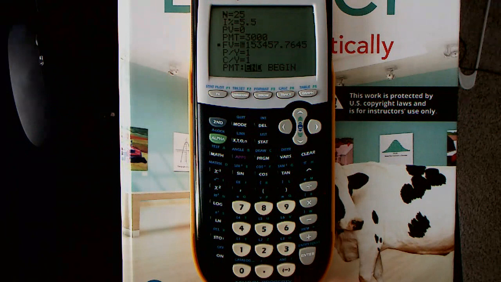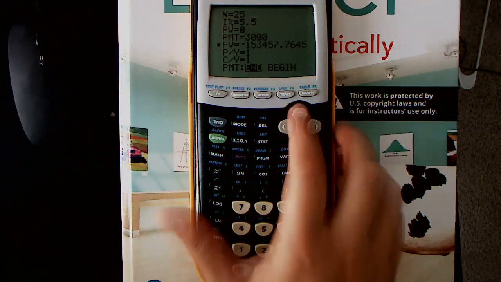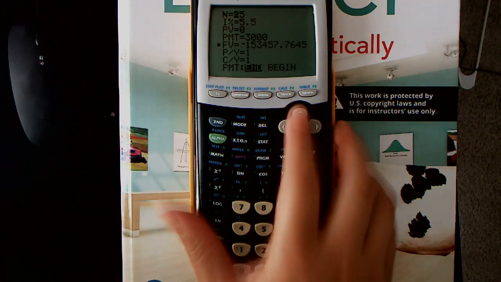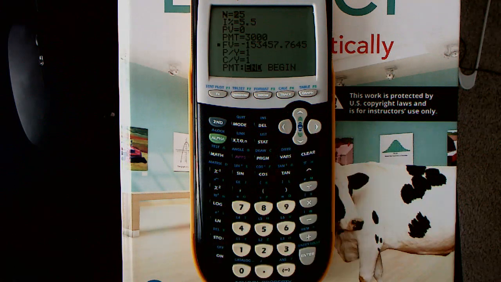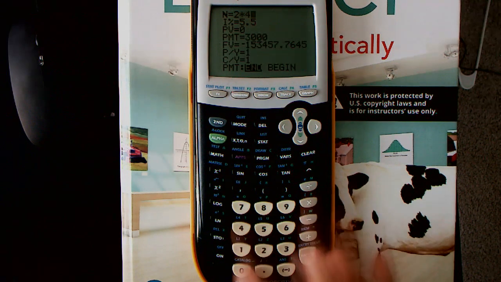Turn it on. Yeah, we are here already on the menu. The first entry is the big N, right? So let me look at the information that I just wrote down. Semi-annually, you deposit twice a year for 40 years.